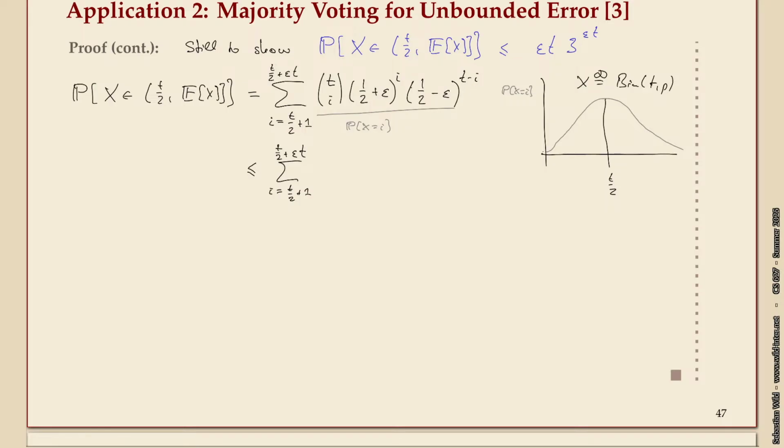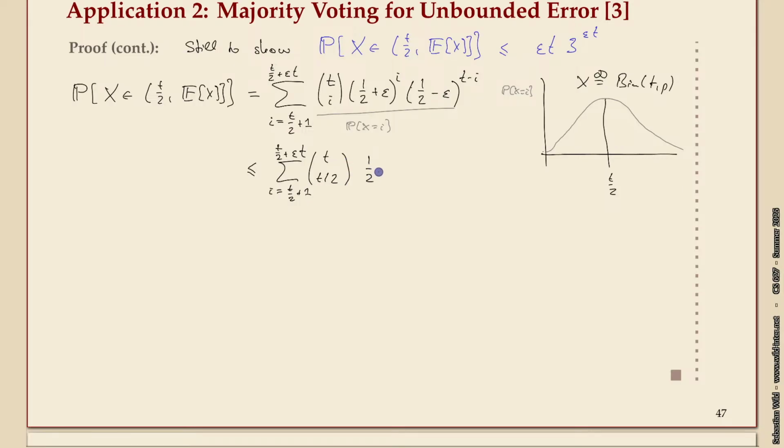Okay. And so I think one step further would make sense here. We're summing from t/2 to something larger, so the largest is actually the first summand. Just plug that in.